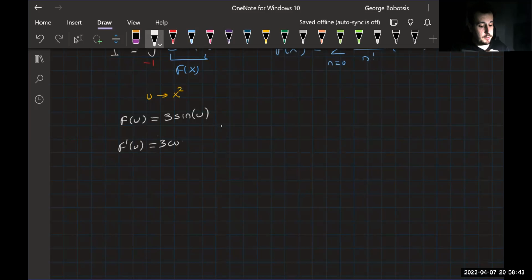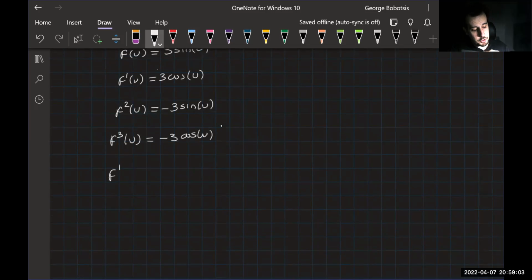I'm getting 3 cos of u. The second derivative would be negative 3 sine of u, and so on and so forth. You see what's going on now, the difference. The next derivative would be negative 3 cos of u, and I'll do one more for good measure. This would be positive 3 sine u.